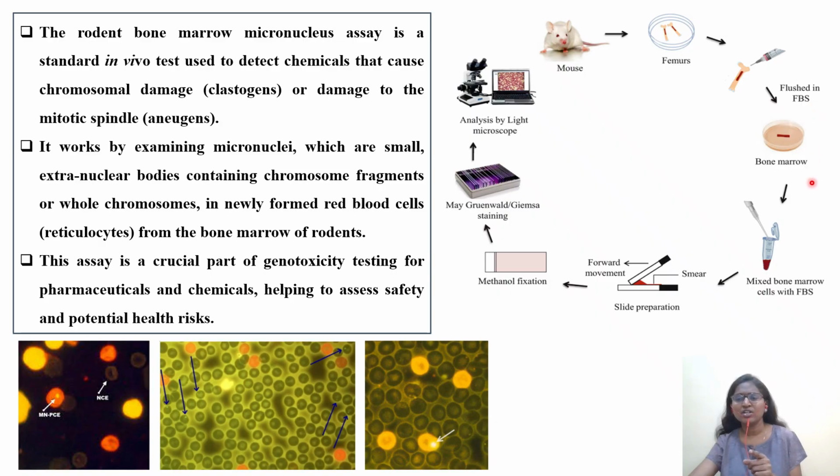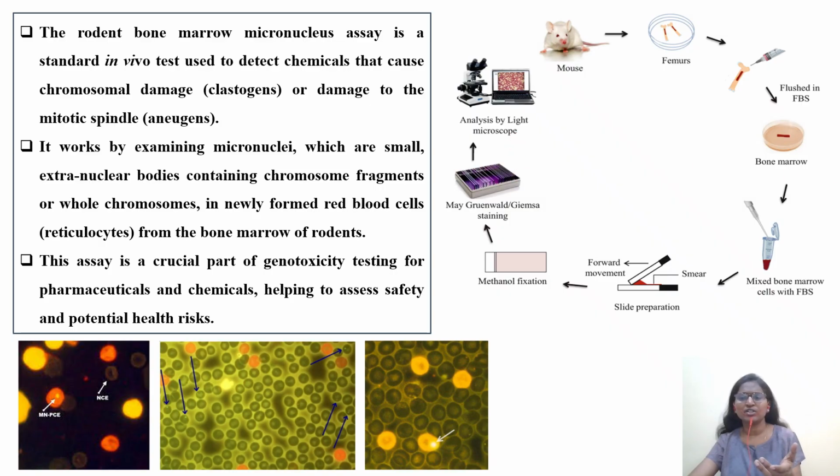Then you mix the bone marrow cells with FBS and prepare the slide, that is, the smear. Then the slide is fixed with methanol and subjected to Giemsa staining. After the smear is fixed and stained, you will analyze it, reading under the microscope.